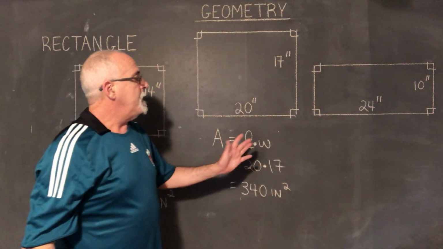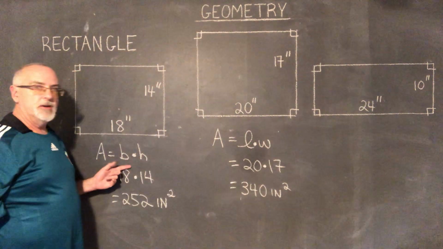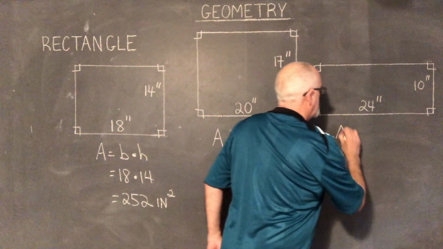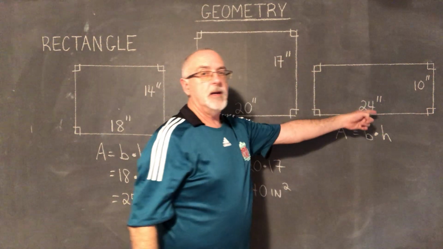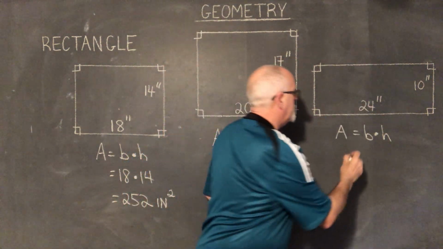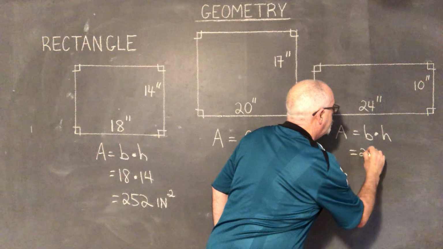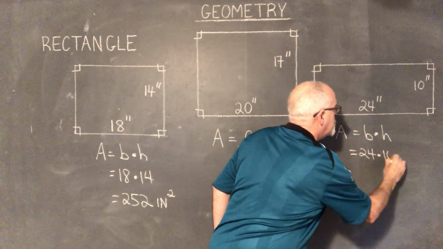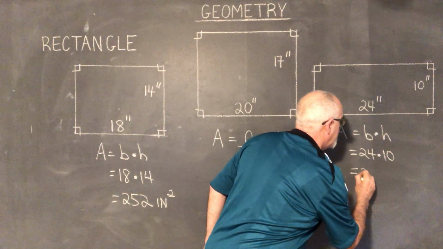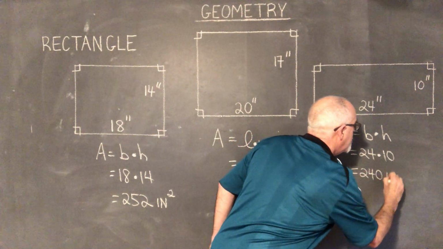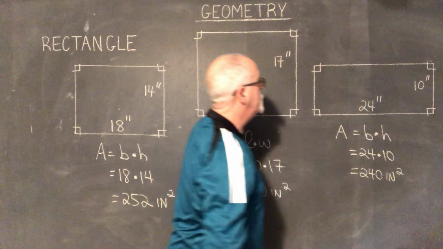Got it. Going back to my original version of the formula, area equals base times height. Let's do this last one, another kind of easy one, don't you think? The base is 24, we're multiplying it by the height, which is 10. Multiplying by 10 is fairly easy. 24 times 10 will be 240. We have 240 square inches.